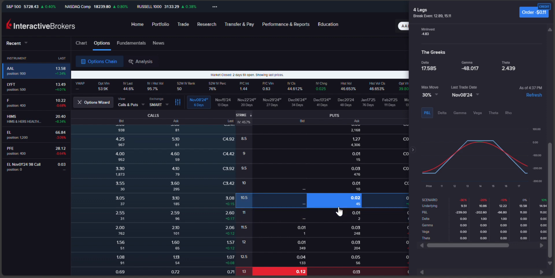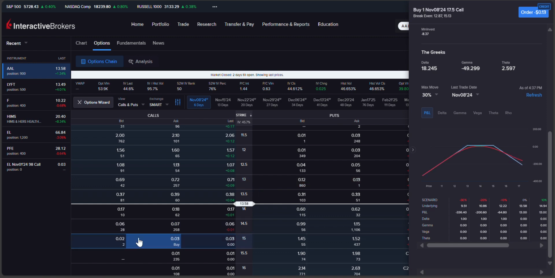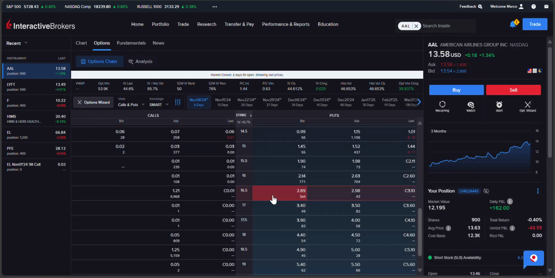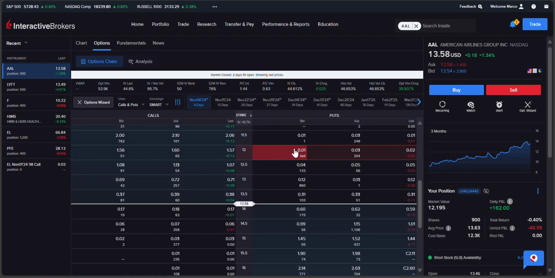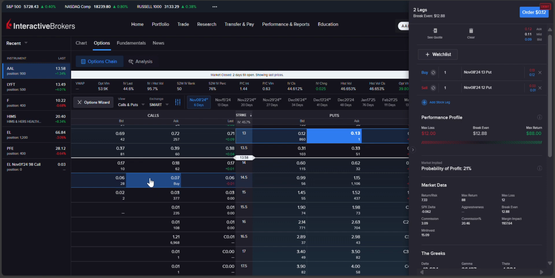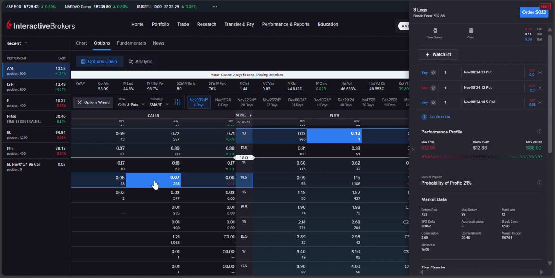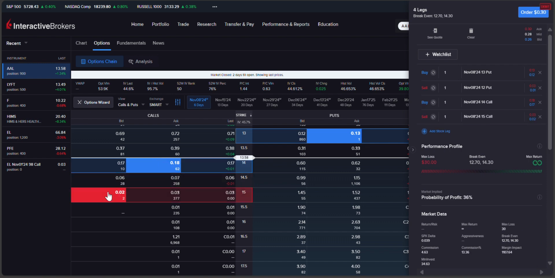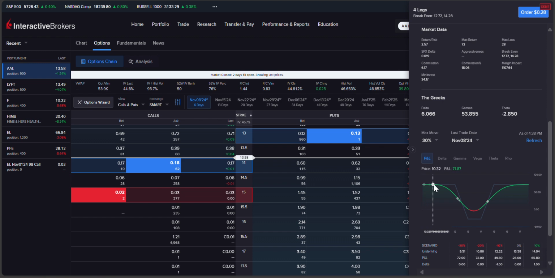All right, and so just to show you very quickly, you can use the same thing but for the short iron condor, which is basically the reverse trade. And we can use, for example, here we can buy this put, sell this put, and again, if we buy this put and sell this one, you will see that you will have the short iron condor, and this time you profit when the stock skyrockets, because if the stock skyrockets, you buy it at 14 and sell at 15.